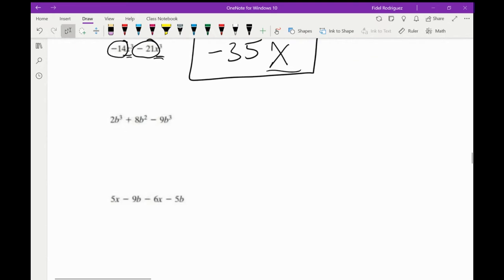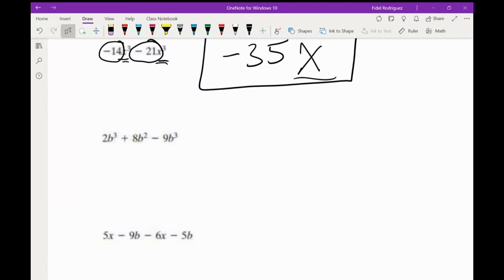When I look at the next one here, I have to be real careful to make sure that I'm understanding which are my like terms. So the ones that are actually like terms here are the 2b to the third and the minus 9b to the third. So your question might be, well, what am I going to do with this guy? I'm just going to write it down. 8b squared. Okay.